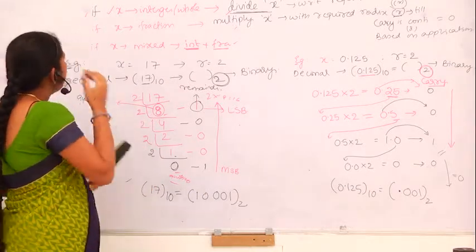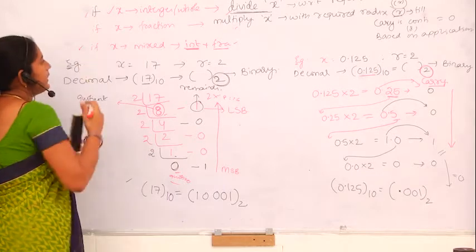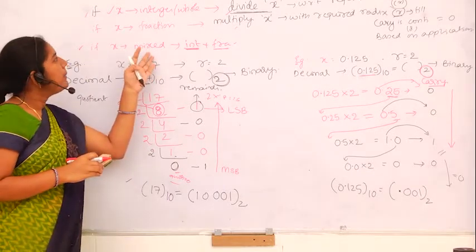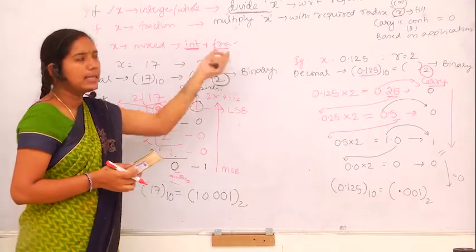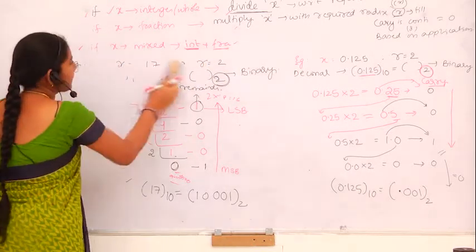Okay. Now I will consider the third one, a mixed number, which has an integer as well as a fraction part.